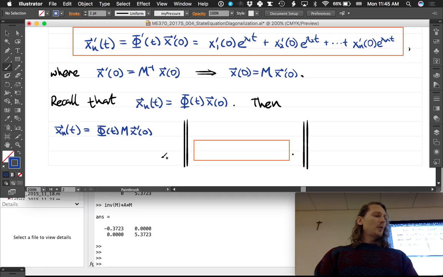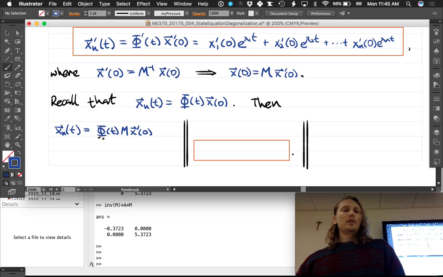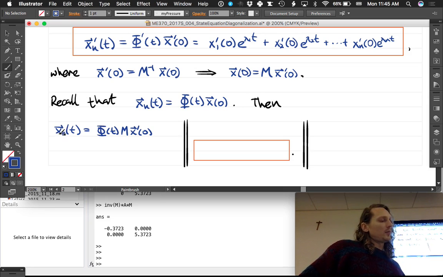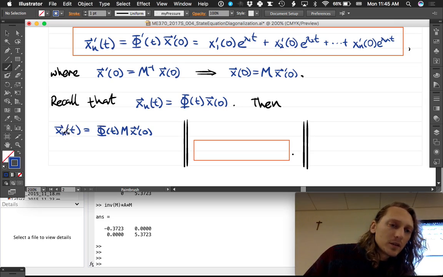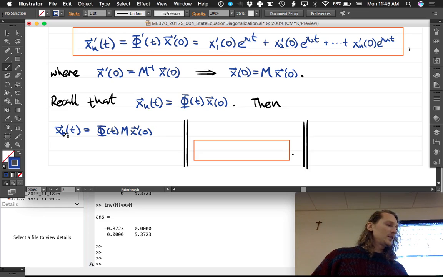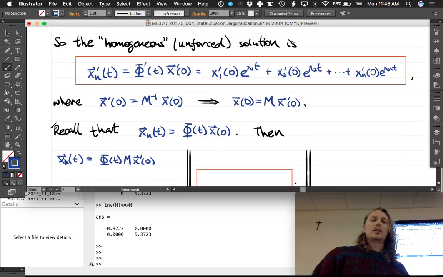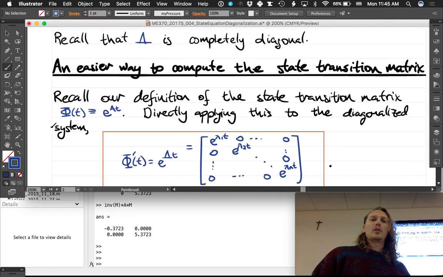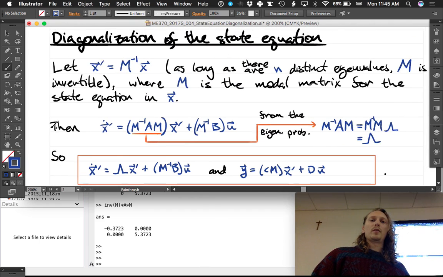And now I'm going to left multiply both sides of this. Well, actually, no. I'm going to transform this x homogeneous into primed coordinates. So that's easy enough to do. We go back up to way up here.